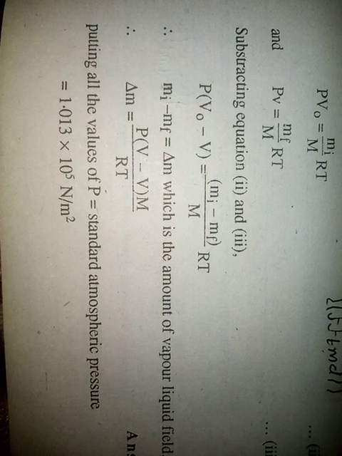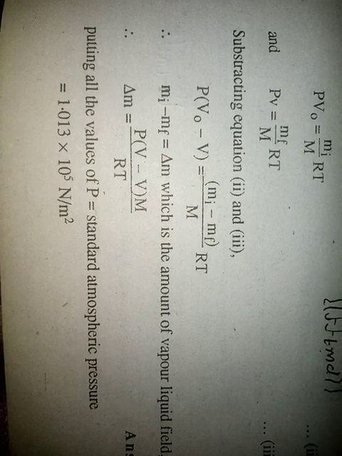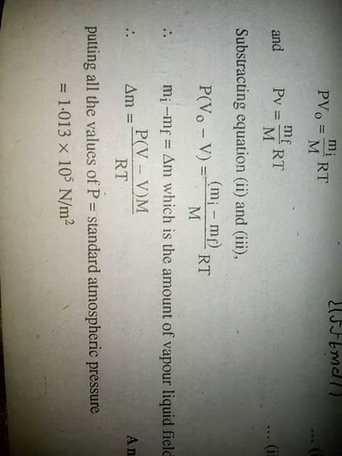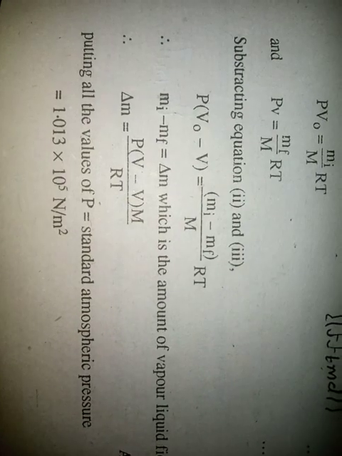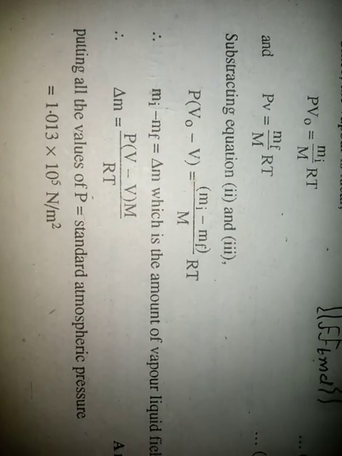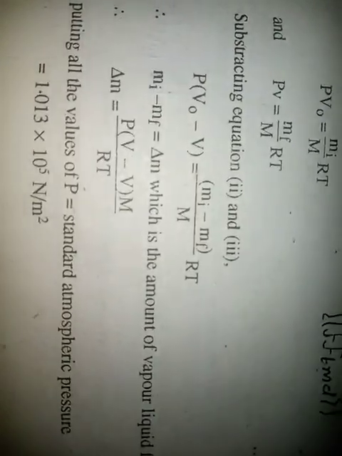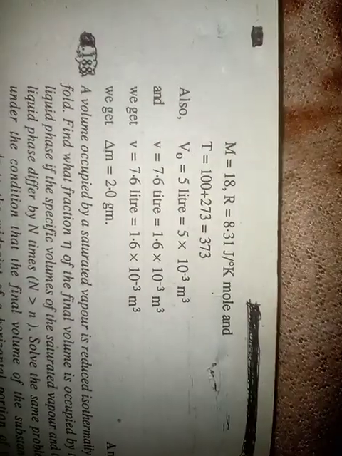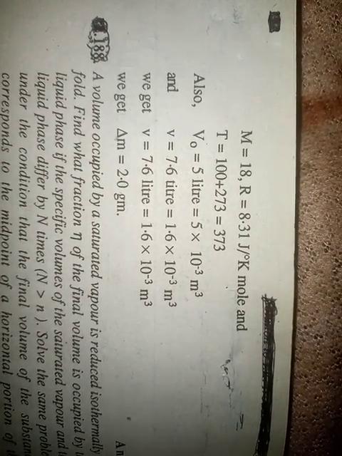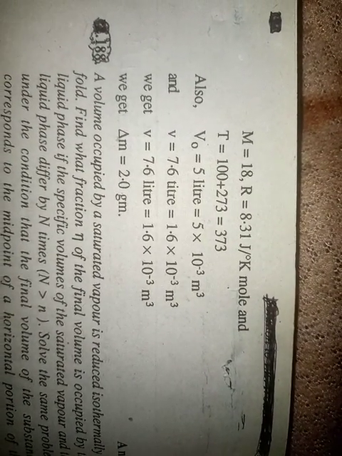Putting all the values, P saturated atmospheric pressure equals 1.013 × 10^5 Newton per meter square. Again, M equals 18, R equals 8.31 joule per Kelvin mole, and T equals 100 plus 273, 373.